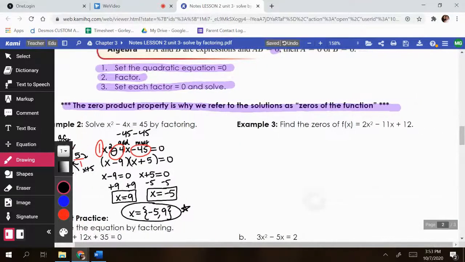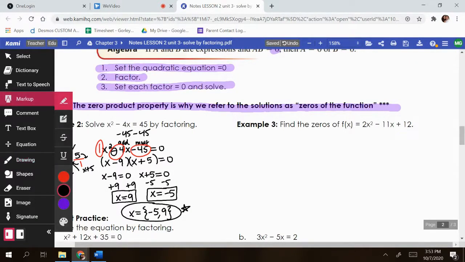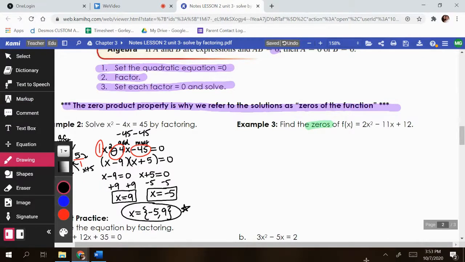In this example, it says find the zeros. What word or words would be a synonym for zeros? Zeros could be roots, solutions, or x-intercepts. And how do I find an x-intercept?